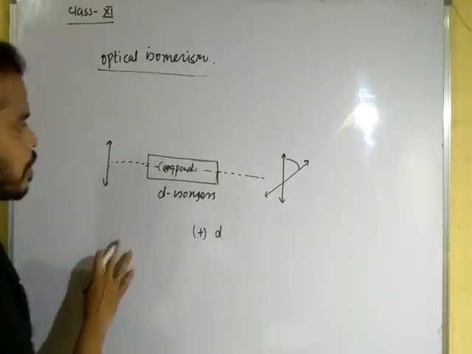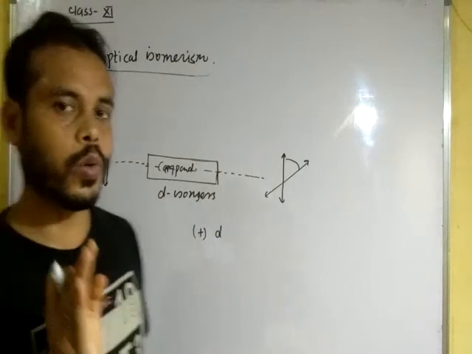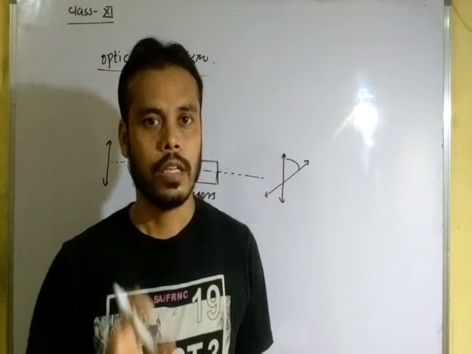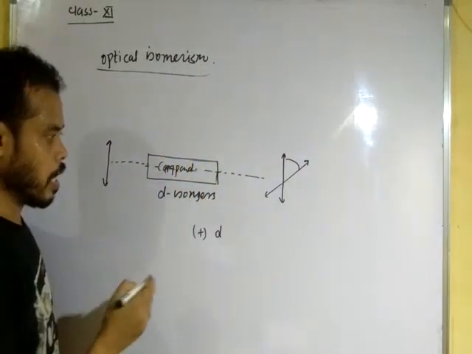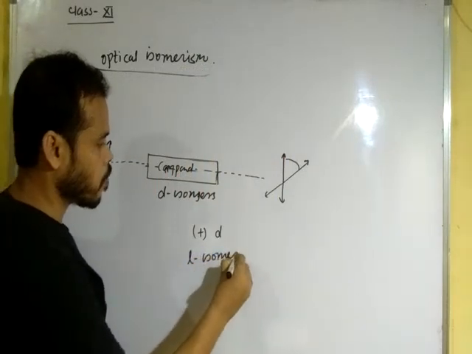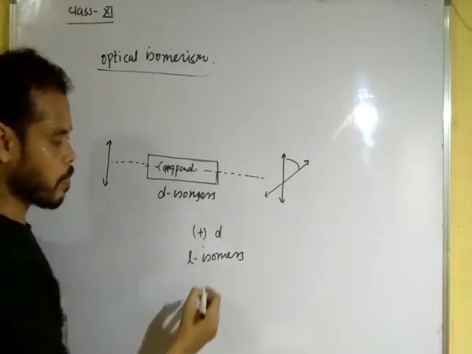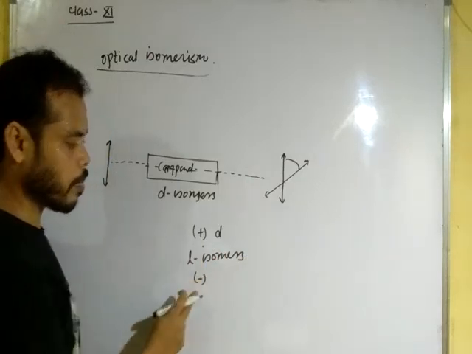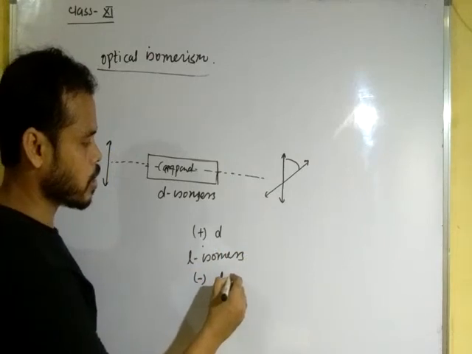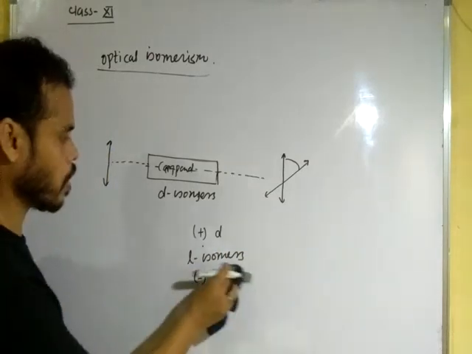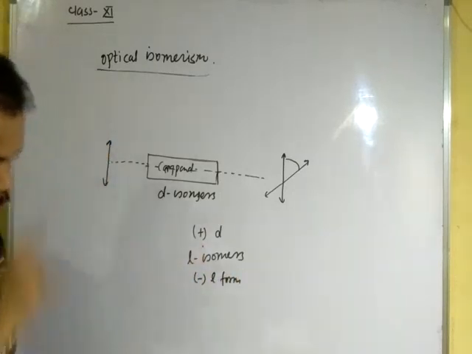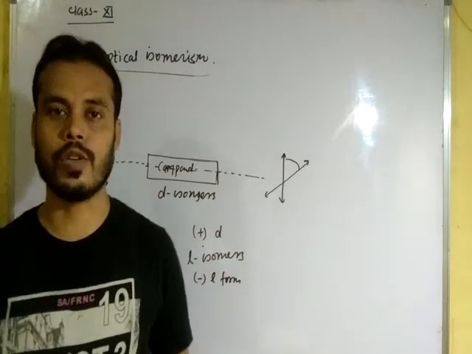Okay, if the compound has the nature to rotate the plane polarized light in the anti-clockwise direction, that means it is levorotatory, an L isomer, denoted by minus or L form, the L enantiomer.